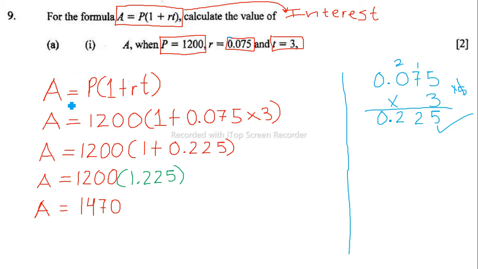1 plus 0.225, that's how we get the 1.225. And then we multiply the 1,200 and 1.225 to get 1,470. Okay, so let's see. We could have added first. Oh, never mind. No, don't add first. Please don't add first.